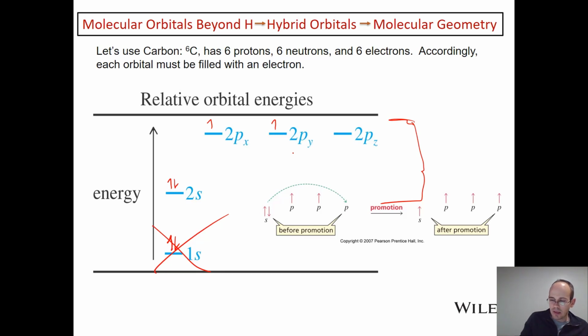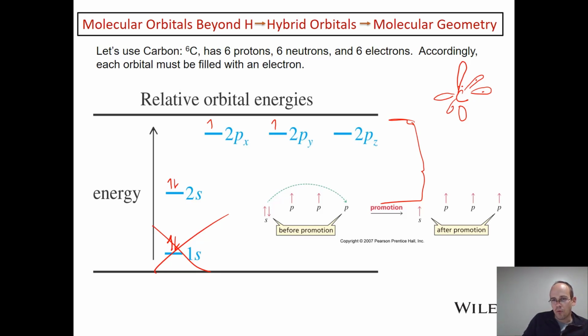So here's my carbon, and it's got a lone pair in the 2s orbital, and there's a 2p x orbital, a 2p y orbital, and a 2p z orbital. And there's one electron in 2 of the p orbitals, and one of the p orbitals is completely empty.